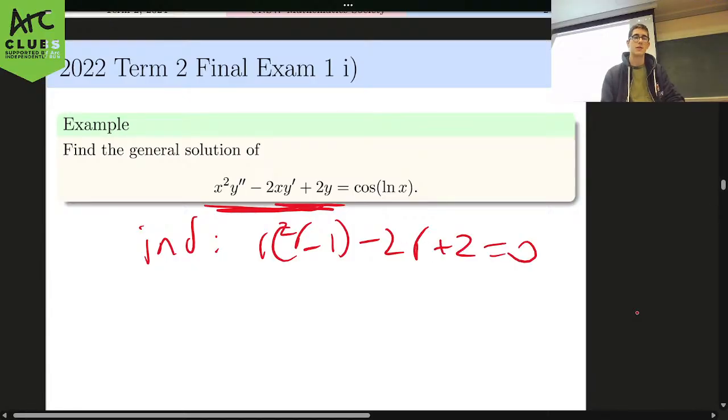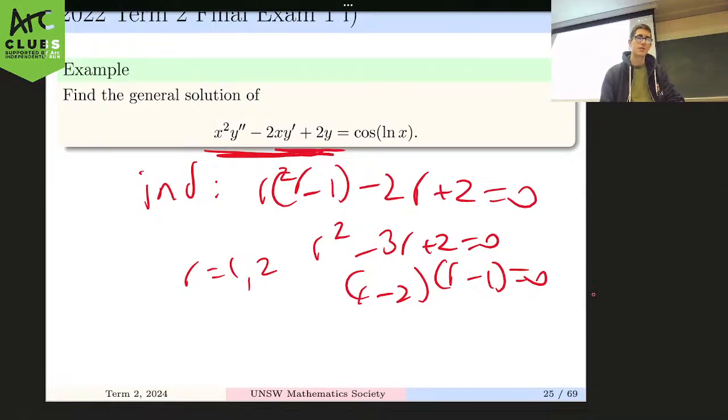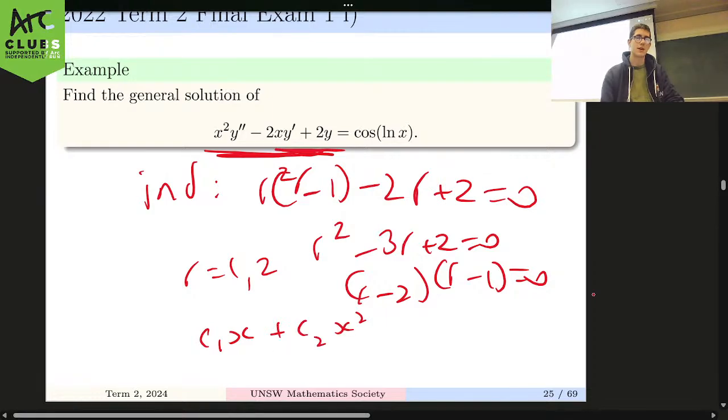So that's r squared minus 3r plus 2 is equal to 0. r minus 2 times r minus 1 is equal to 0. So our roots are r equal to 1 or 2. Okay, so that seems fine. So our homogeneous solution would then be some constant c1 times x plus some constant c2 times x squared.